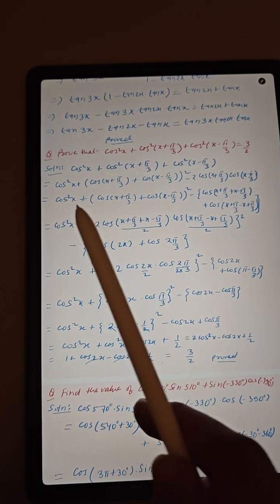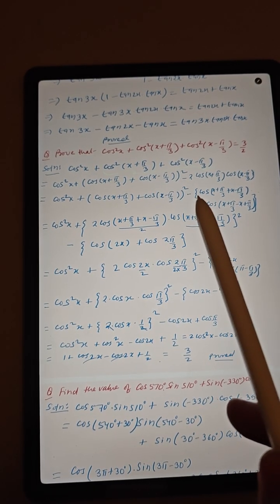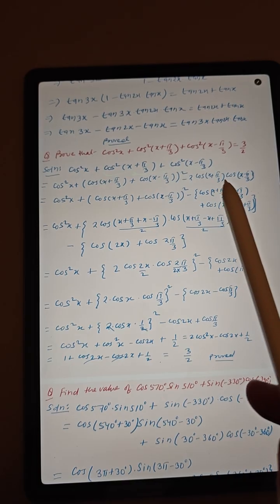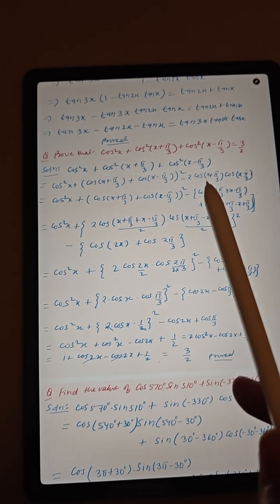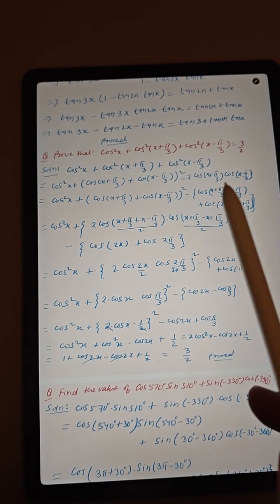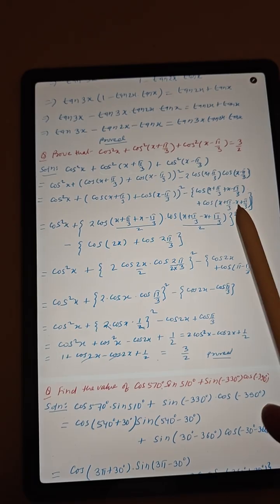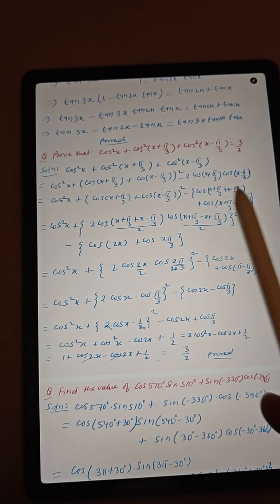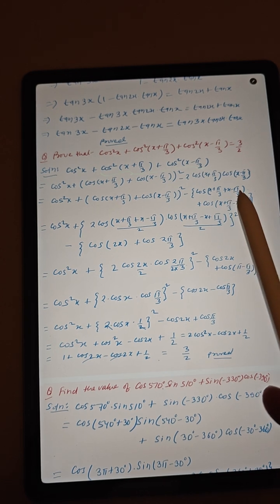This is your cos square x plus cos of x plus pi by 3 plus cos of x minus pi by 3 whole square minus twice of cos of x plus pi by 3 cos of x minus pi by 3. So this expression can be written as twice of cos a cos b, so cos of a plus b plus cos of a minus b. So x plus pi by 3 minus x plus pi by 3. There is no problem in a plus b, x plus pi by 3 plus x minus pi by 3.